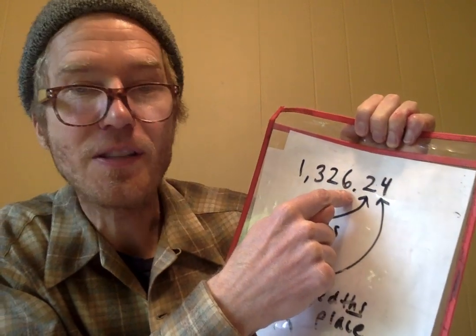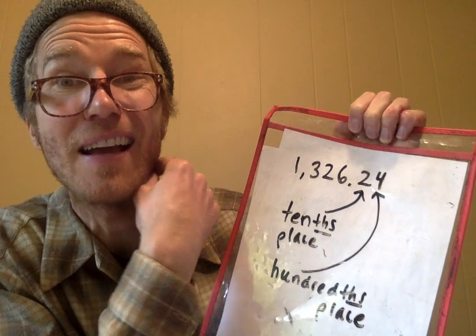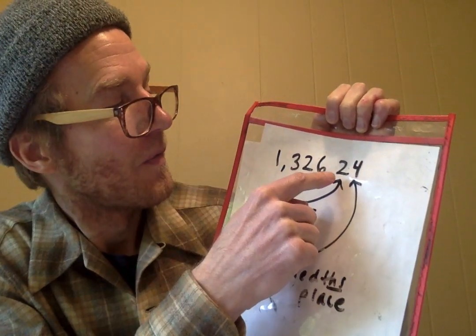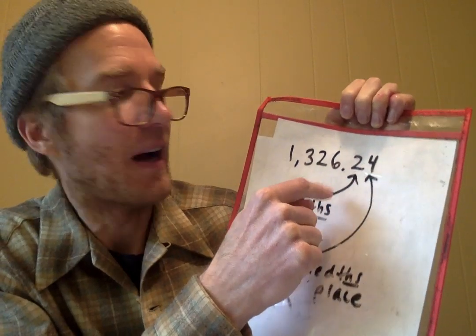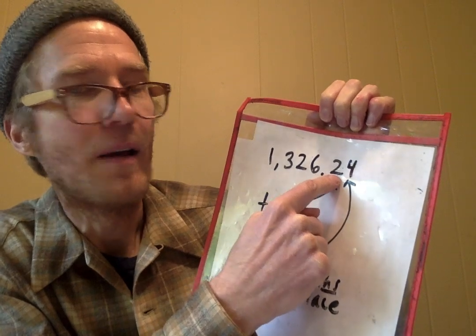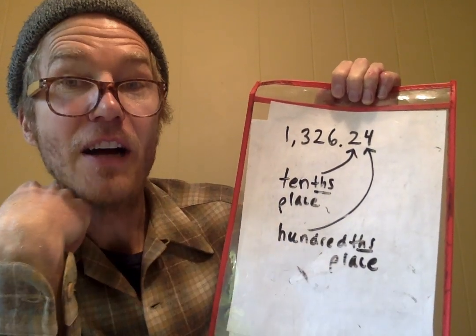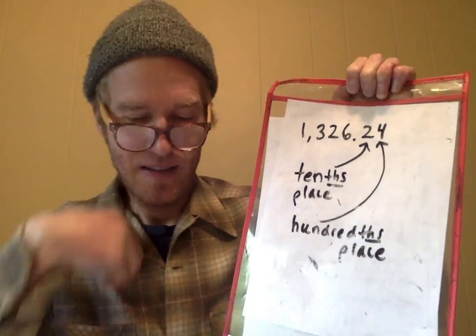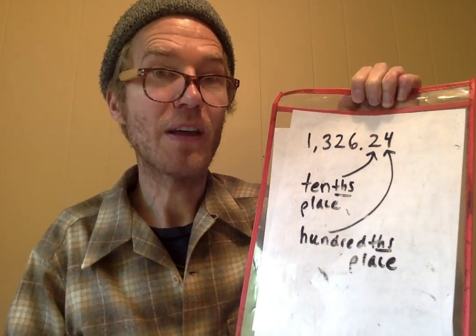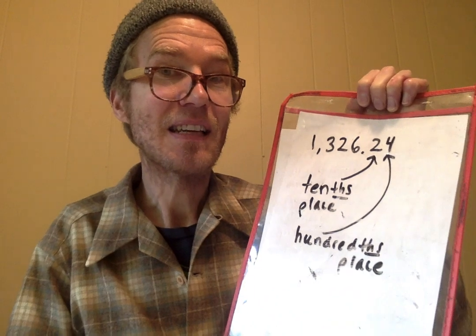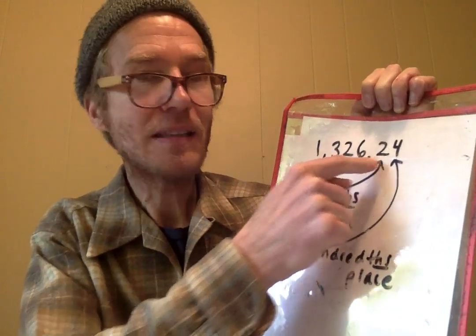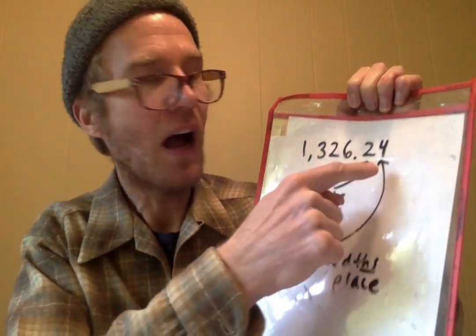Oh boy, it's on the other side of the decimal point, so it's going to be less than 1. It's in the tenths spot. That's the tenths spot. And the 4 is in the hundredths spot. So just remember that tenths are in the tenths spot. Hundredths are in the hundredths spot.